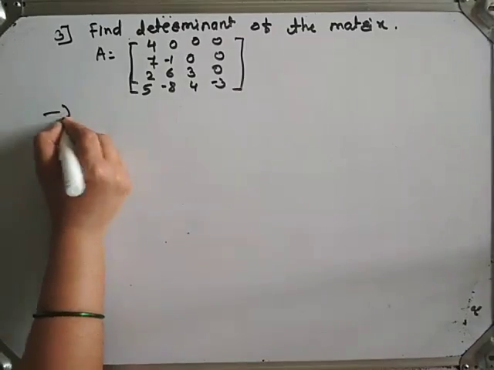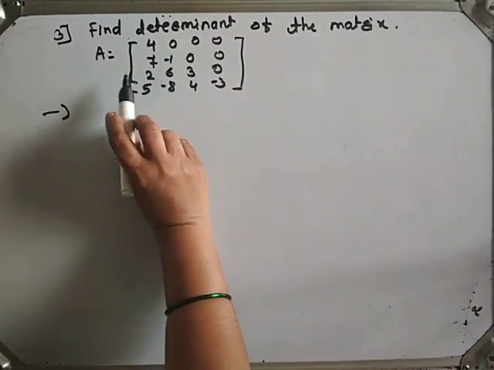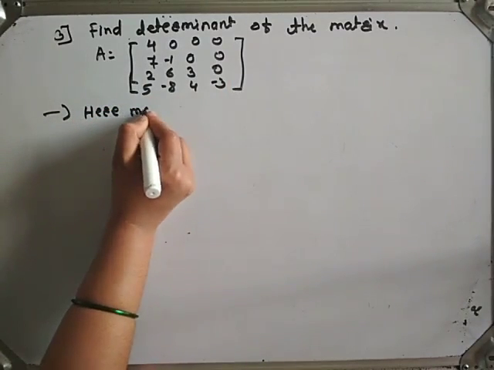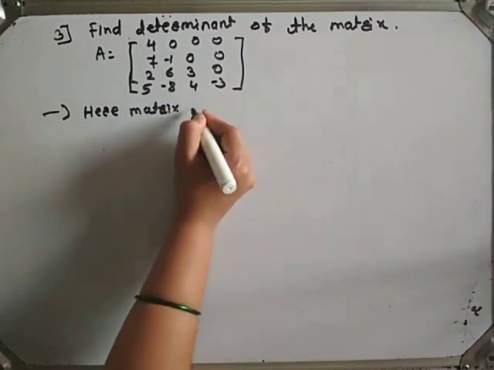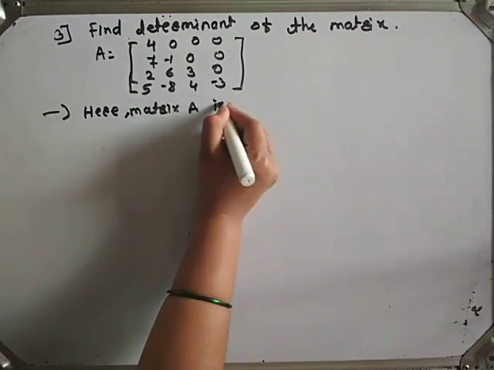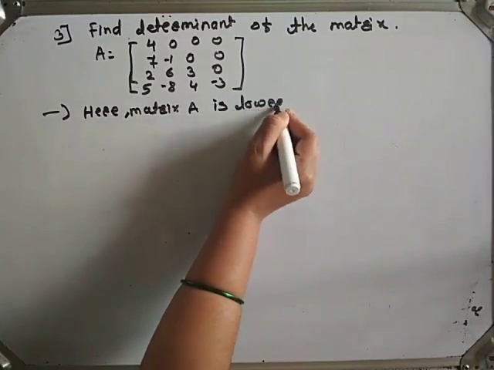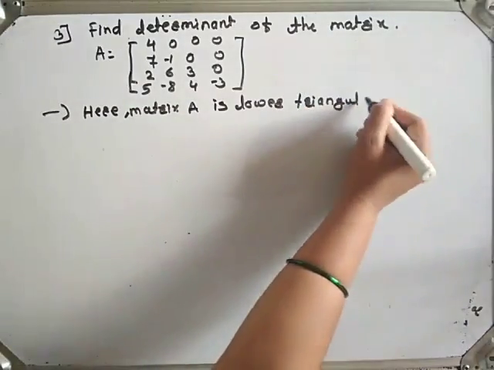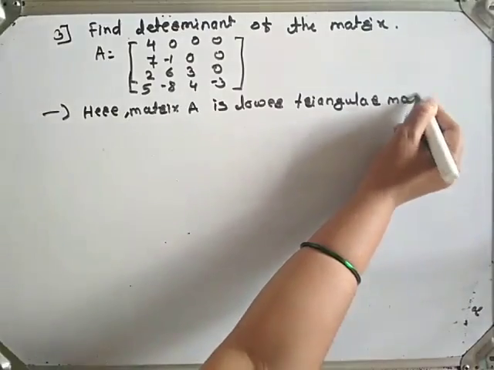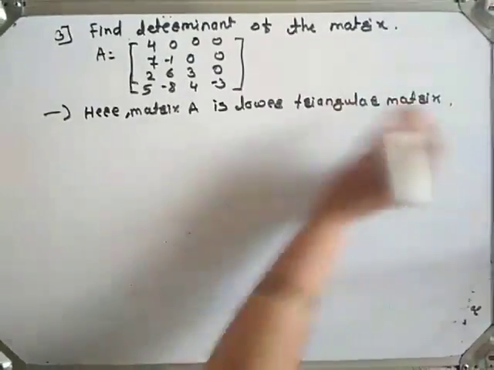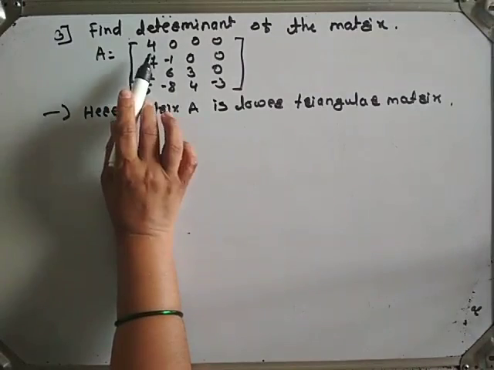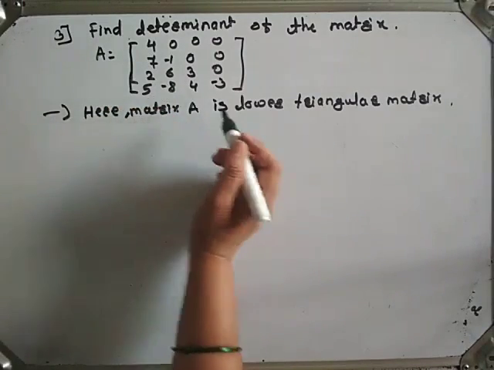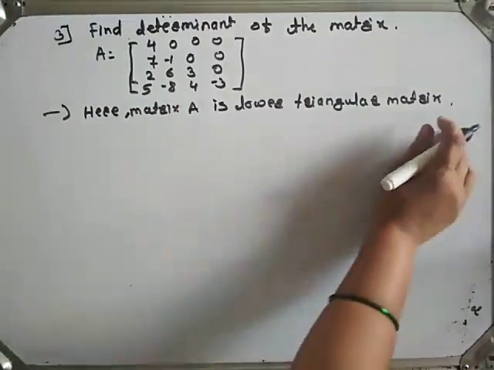We have to find determinant of this matrix. Here matrix A is a lower triangular matrix because all entries above the diagonal are zero. Therefore, this matrix is a lower triangular matrix.